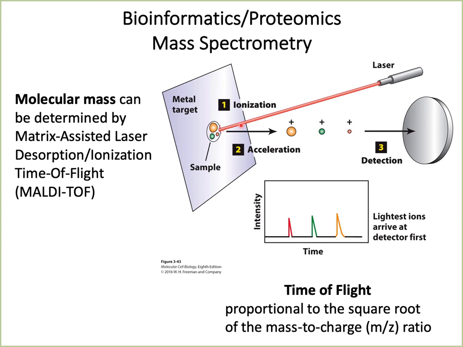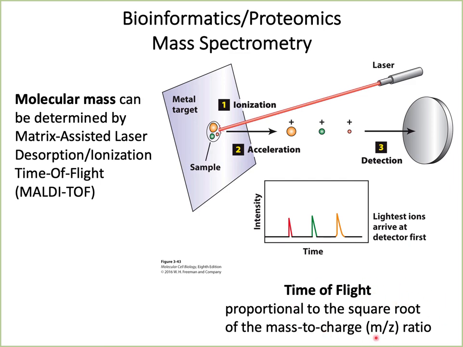So it takes time for the particles to move from their original position to the detector, which is known as the time of flight, and it is proportional to the square root of the mass of the particle over the charge.